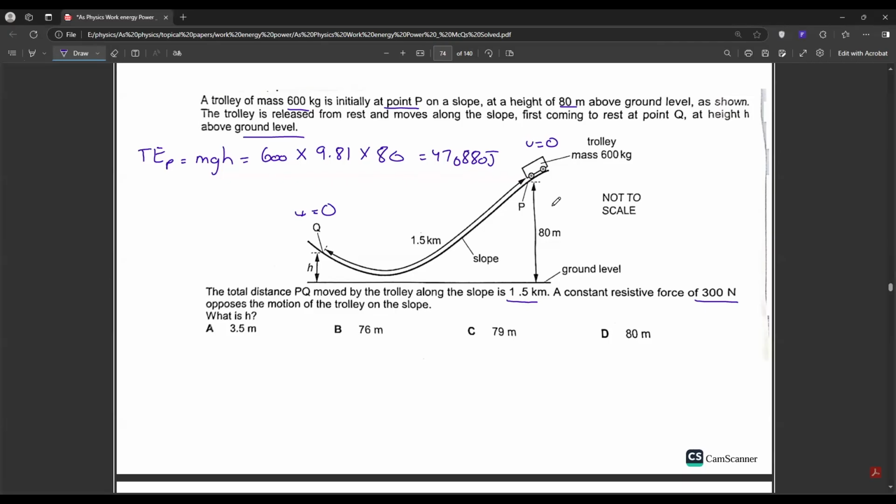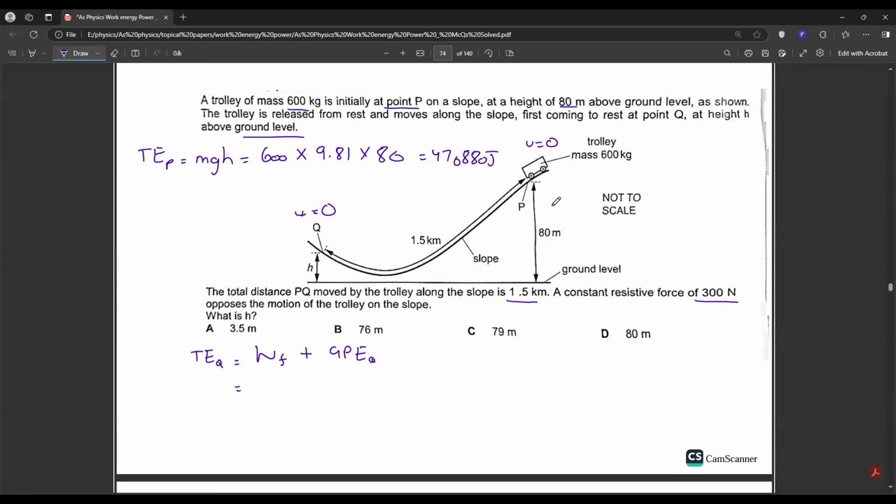Now, what will be the total energy at Q? The total energy at Q will be the sum of work done against friction or resistive forces plus gravitational potential energy at Q, since the velocity at Q is also 0.